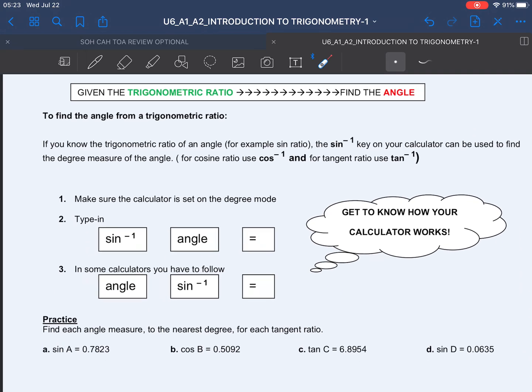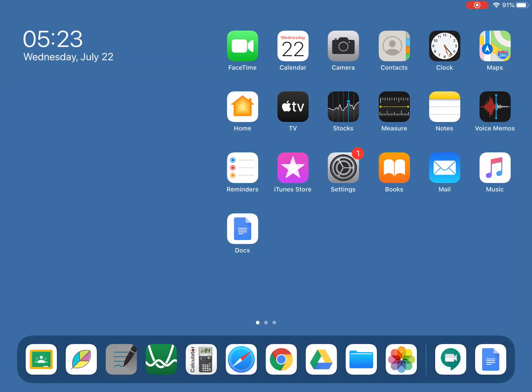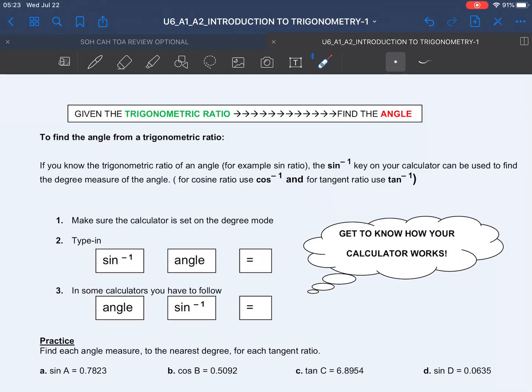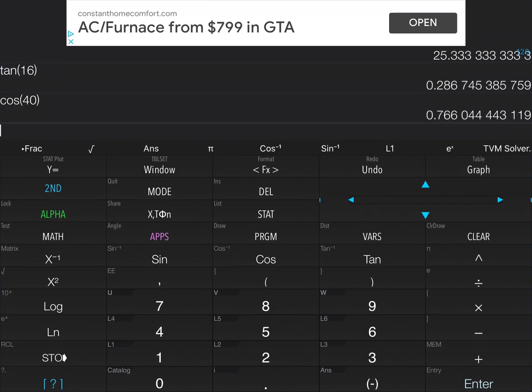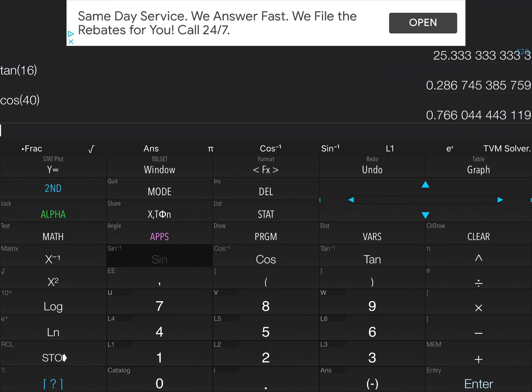Suppose, for example, that you have sine of A equals 0.7823. So what we do here is activate the button that says sine -1. You probably notice it's somewhere in here, highlighted in black right here.